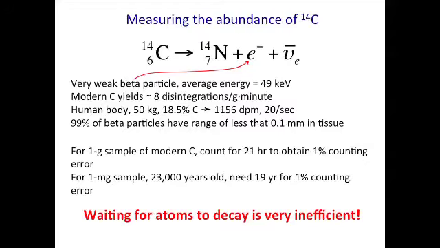From a modern sample, you get 8 disintegrations per gram per minute. It means, by the way, that in our bodies, there are hundreds of disintegrations per minute. You don't feel them. We're sitting here. We're decaying. And these are, I mean, literally decaying.